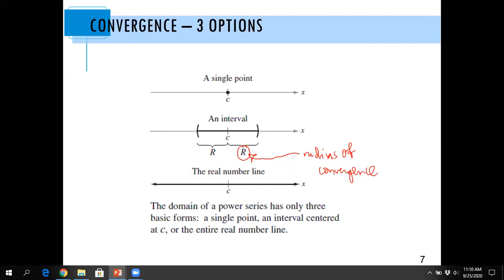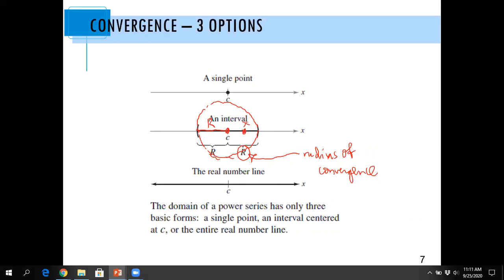Basically, you can take any x value in this interval, and you will know beyond any shadow of doubt that you have convergence. The reason it's called the radius of convergence is because you can go either direction from C by R units and still have convergence. That's why it's called the radius of convergence, right? After all, that's what this would be if you actually drew in a circle right here. Does that make sense? With C at the center, this would be the radius of that circle.